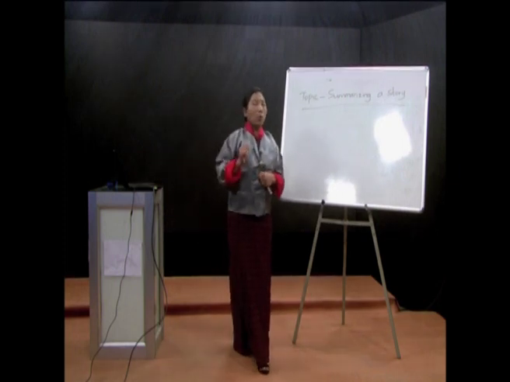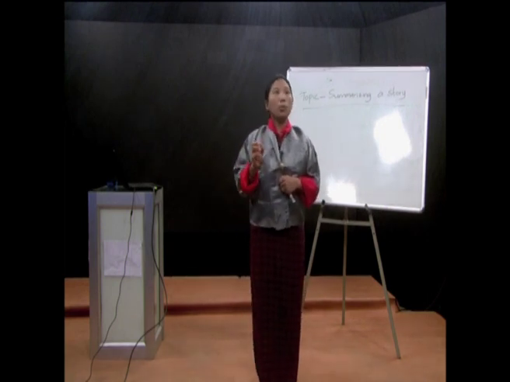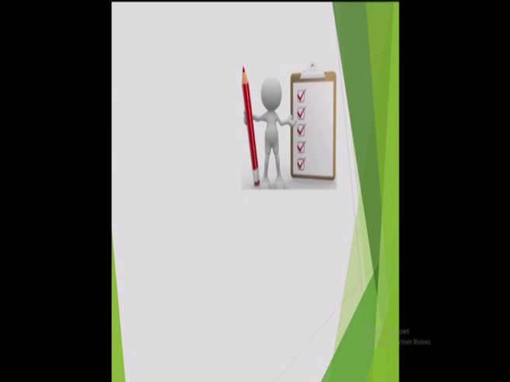Now, when we write a summary, there are some tips that you need to follow. If you follow those tips, you can write a great summary. So let us look at the few things that you need to keep in mind when you are writing a summary. So, things to look into while summarizing.